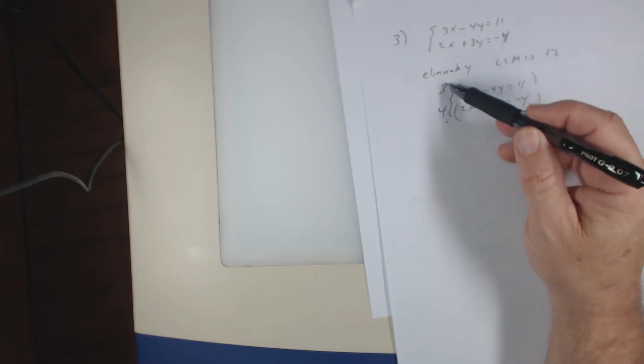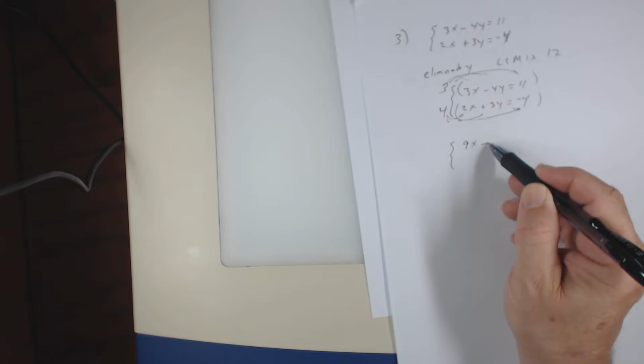So -4 times a positive 3 is a -12. So I need this to be a positive 12. 3 times a positive 4 is a positive 12. Okay, now we're going to multiply all terms, or both sides, by these numbers. So what's my new system? Minus, equal, yep. Next one?